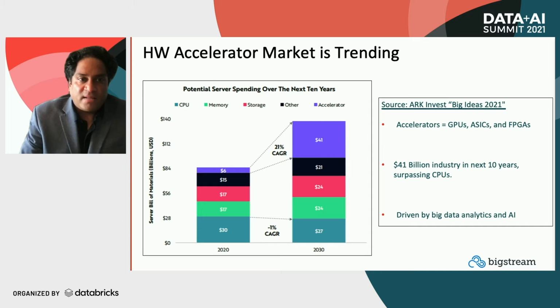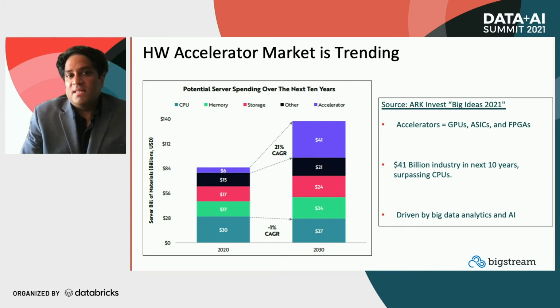And on top of that, it's going to exceed the expenditure on CPUs. That's their prediction. And as you can see in the last bullet, this is driven by big data, analytics, AI, data scientists, et cetera.